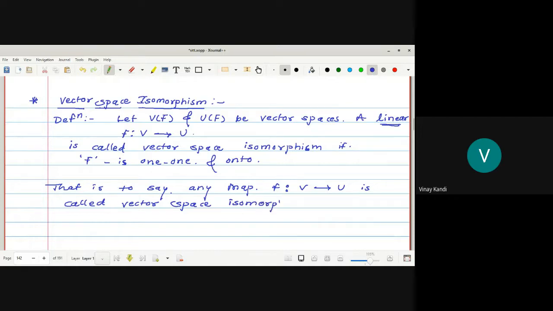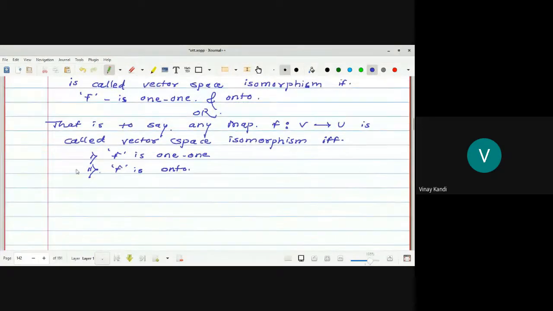if and only if, first, F is one-to-one. Or we can say this is the definition of vector space isomorphism. Second, F is onto. And third, F is a linear transformation. What is the meaning of linear transformation?